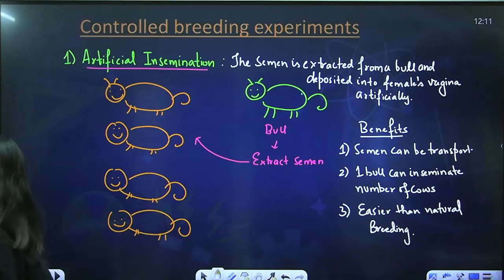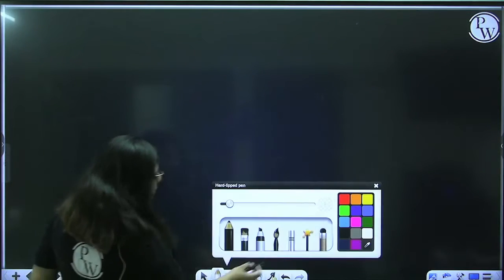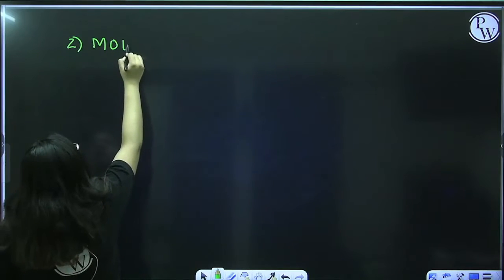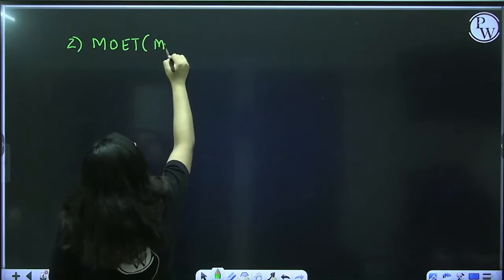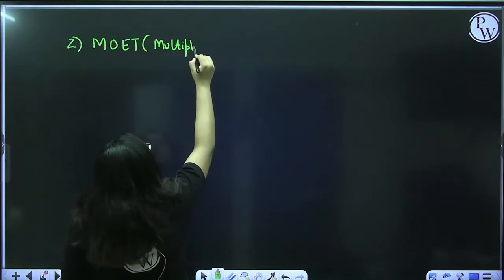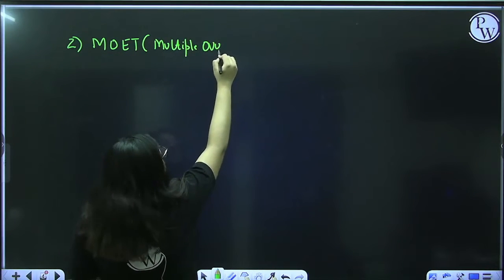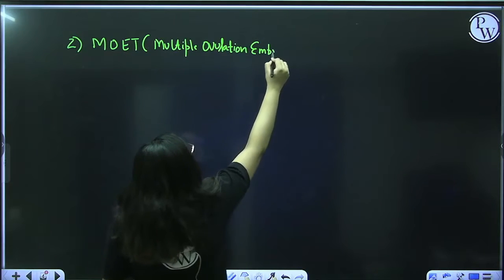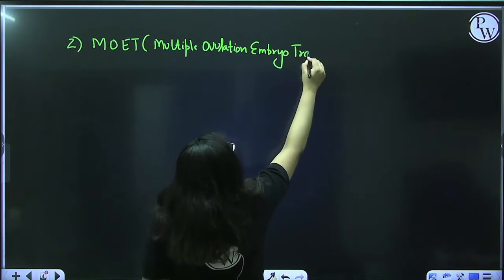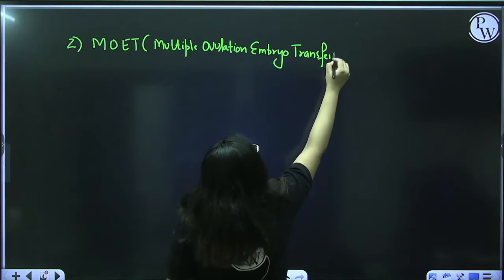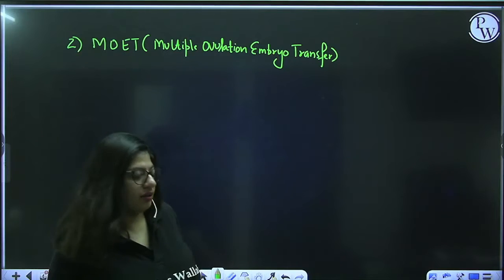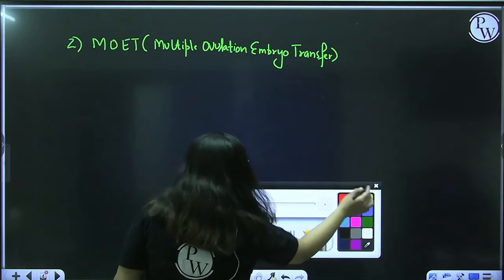The second technique in controlled breeding experiments is MOET: Multiple Ovulation Embryo Transfer. In this technique, again, we take a high quality cow.